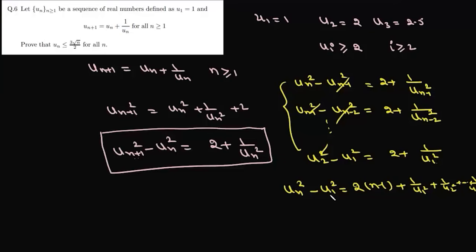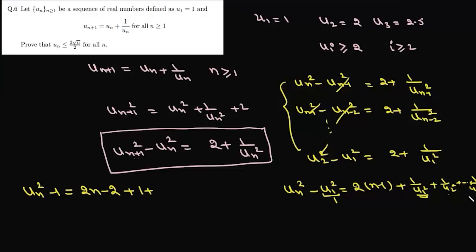Now u1 is 1, so we can write un square minus 1, and here will be 2n minus 2 plus, now this u1 square again will be 1, and this u2 square, u3 square and u(n minus 1) square.